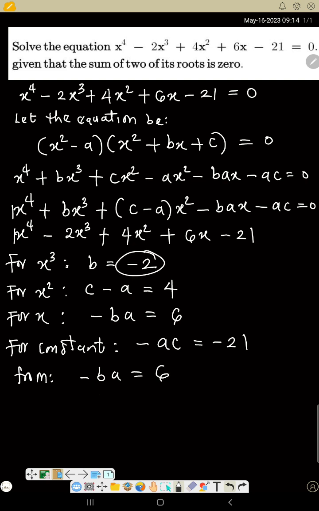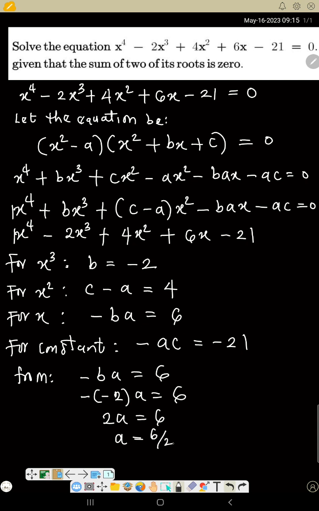We already know b to be minus 2. So that will be minus 2 times a is equal to 6. So 2a is equal to 6. a equals 6 over 2. So a is equal to 3.